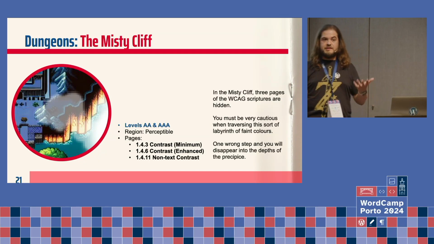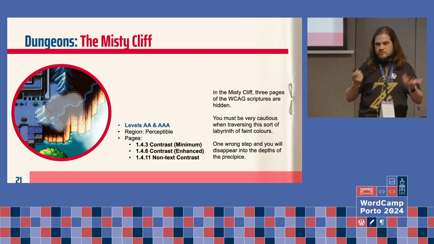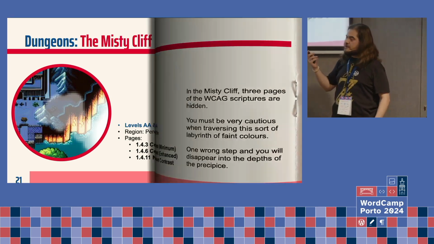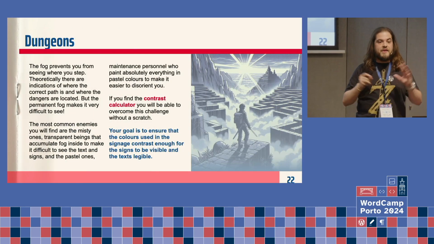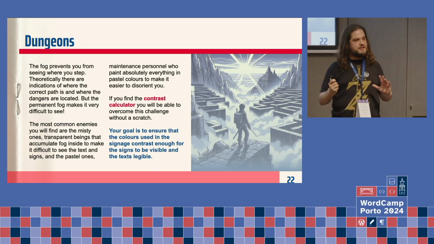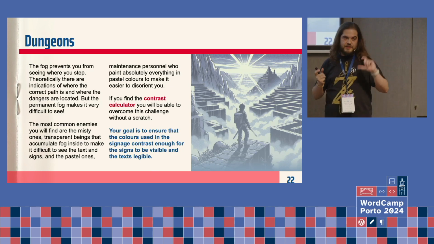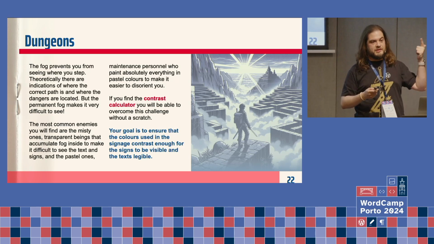The problem is that due to the fog, you don't see colors properly, and it's difficult to read. Inside this labyrinth, it's hidden a device known as contrast calculator. Using that device, you can calculate the appropriate contrast for signs to be visible and for text to be legible.